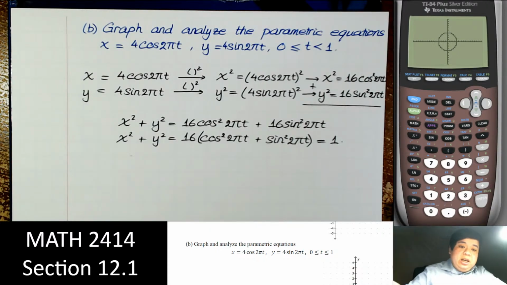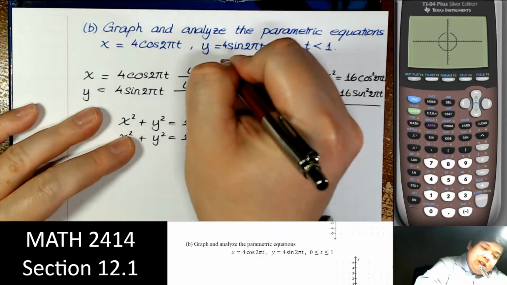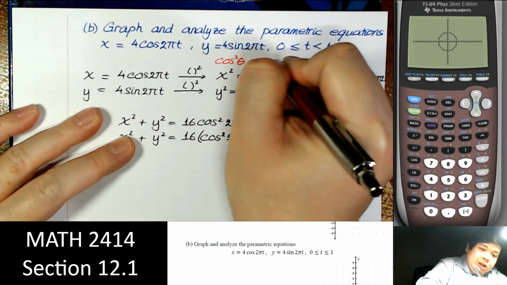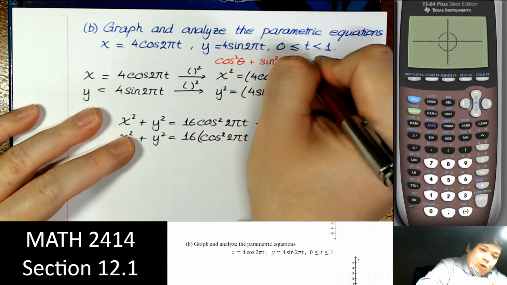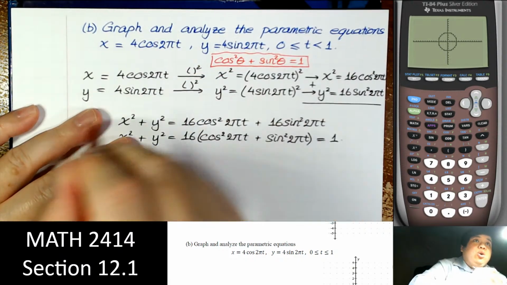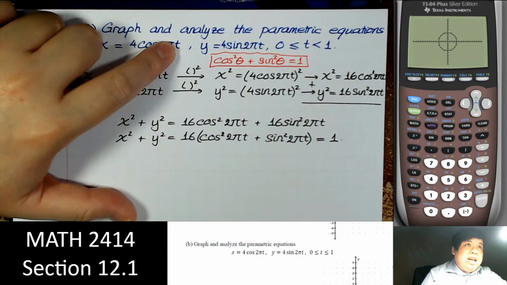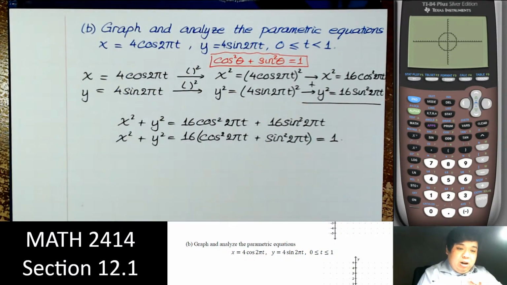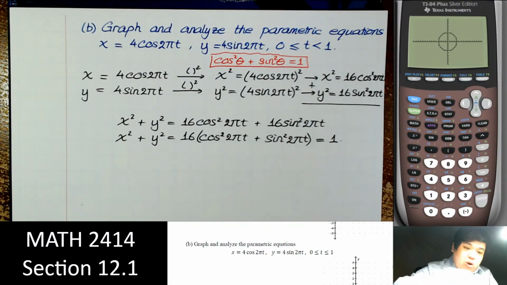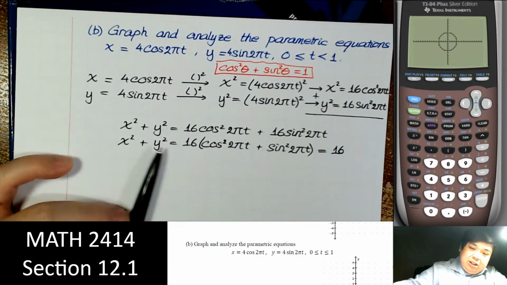Right. So the key here is to try to utilize cosine squared plus sine squared equal to 1. Try to utilize that to eliminate t, to eliminate the parameter t. So when we do that, obviously, because that is not 1, that is 16, sorry. This is inside 1.